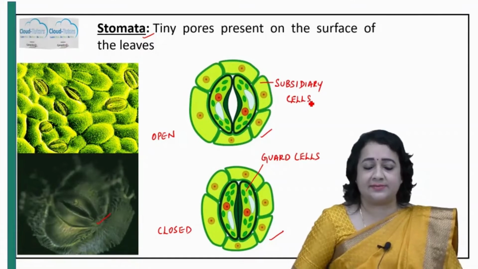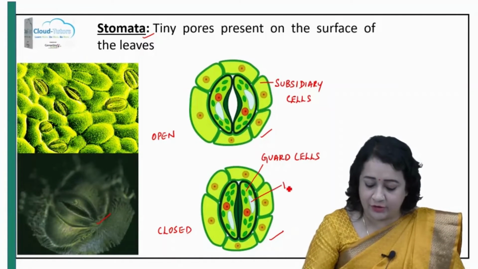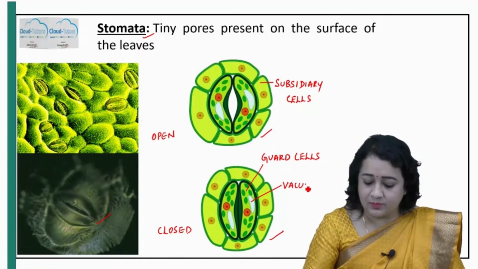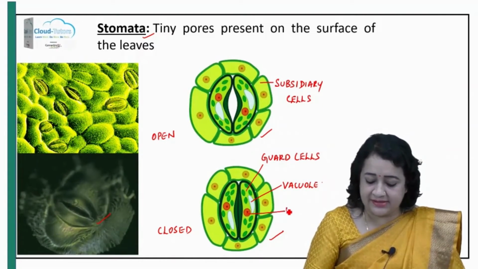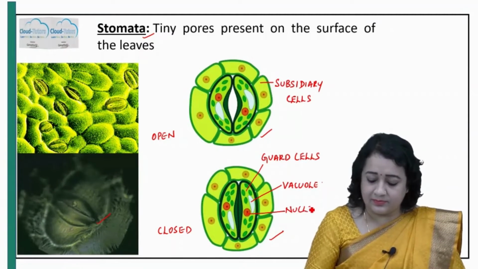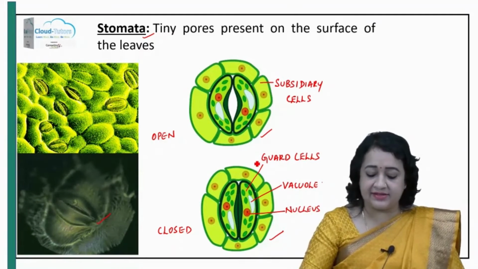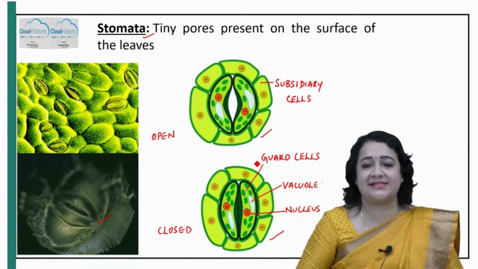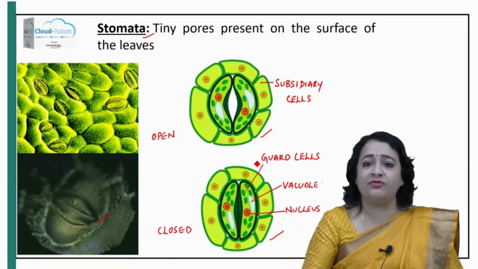If you see the guard cell, we can make out it has a vacuole and a nucleus, and the surrounding cells are called subsidiary cells. The function of the subsidiary cells is to support the function of stomata.